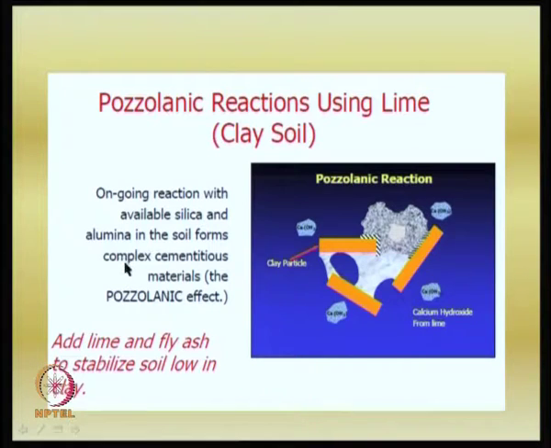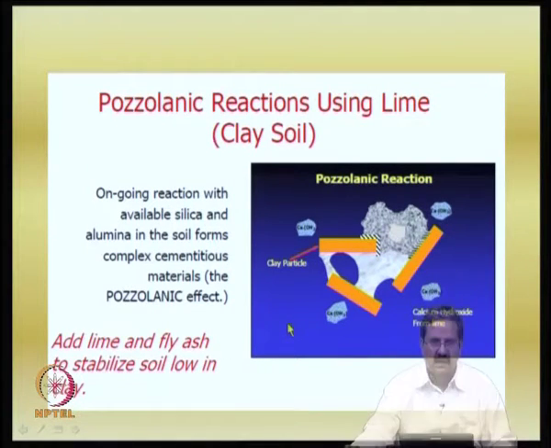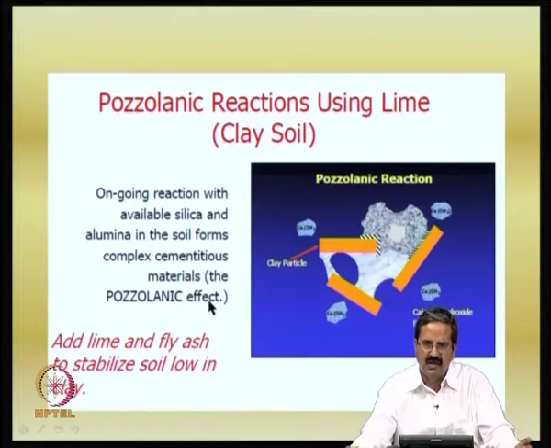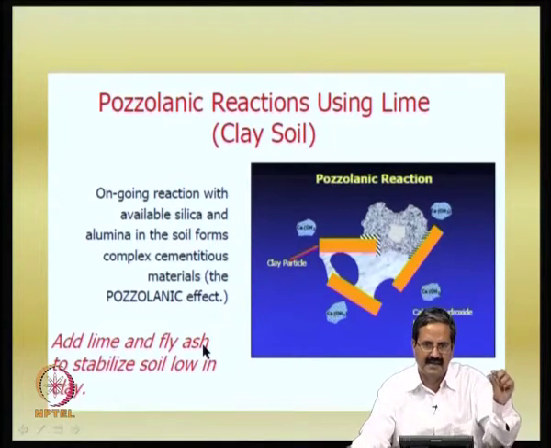As I said, sometimes in the clay, for example, we add lime and fly ash also. Cement also one can add, it depends on whether you want improvement in cement properties. But fly ash or any other material could be added, because you are trying to increase the particle size there.